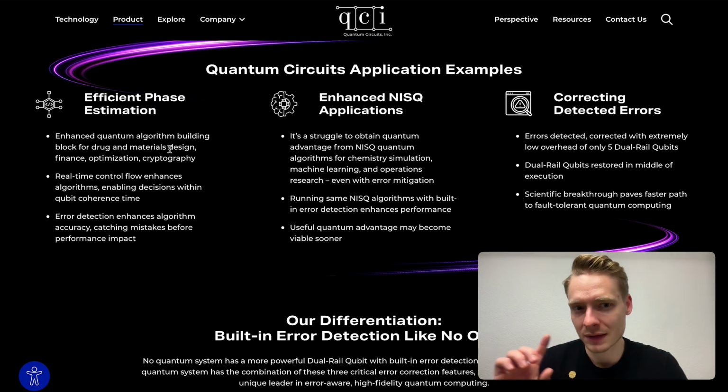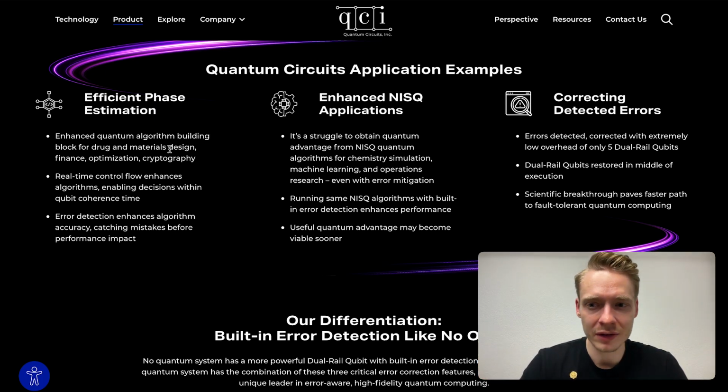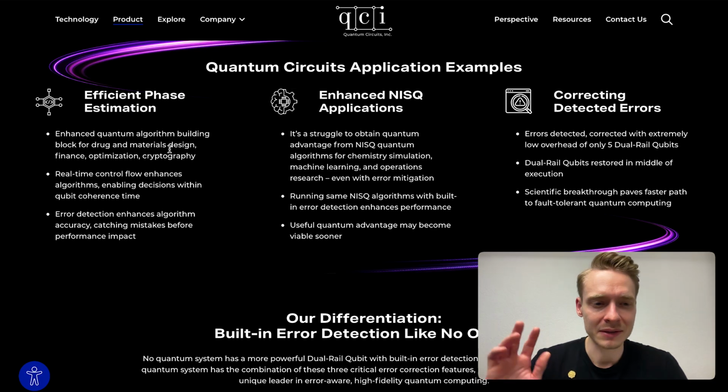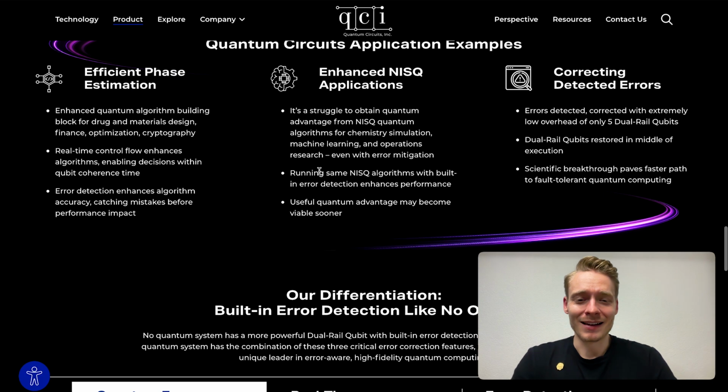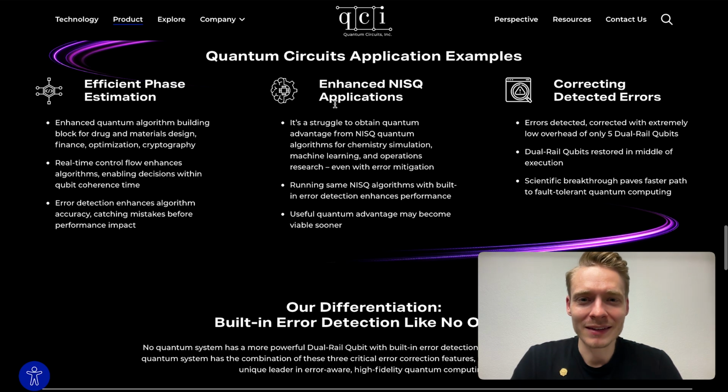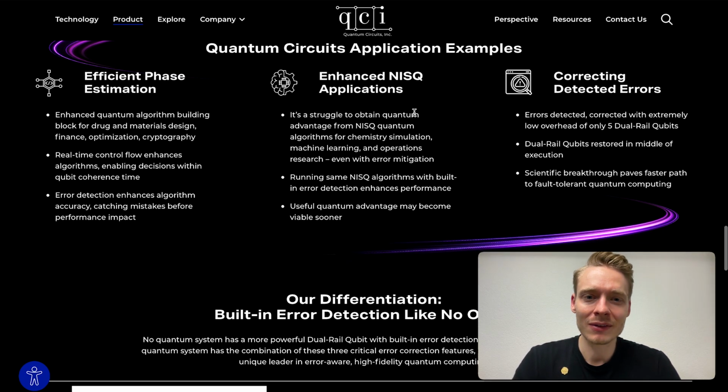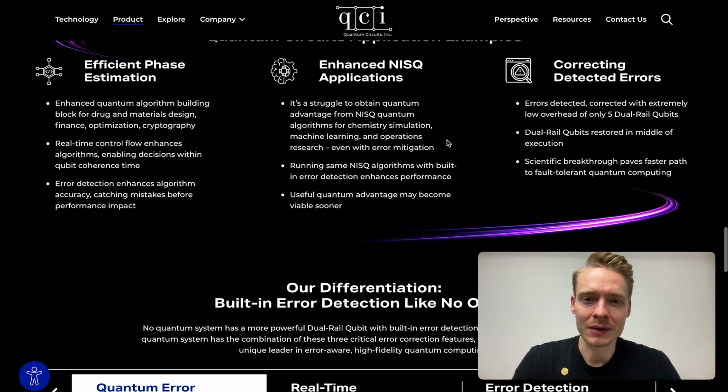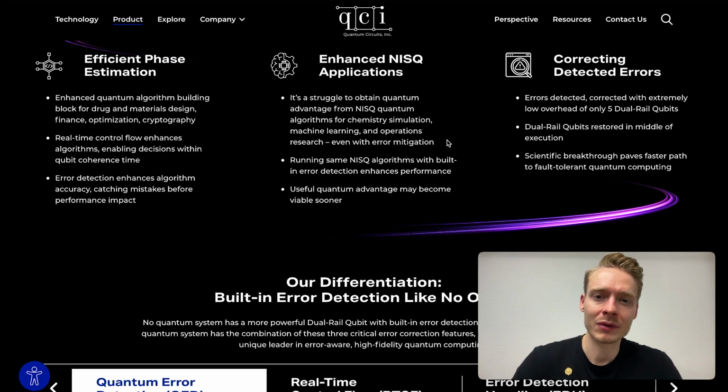I guess that goes in the direction of this variational stuff that we've seen before. But yeah, not an expert on that, so I wouldn't fully rely on that thought. Then there's enhanced NISQ applications. It's a struggle to obtain quantum advantage from NISQ quantum algorithms for chemistry, simulation, machine learning, and operations research, even with error mitigation.